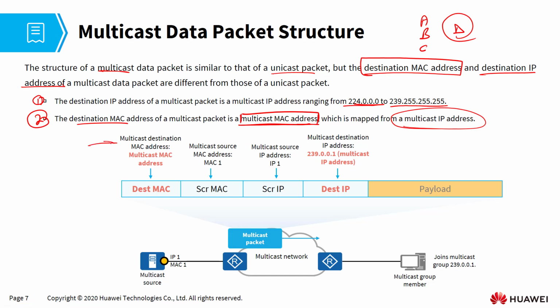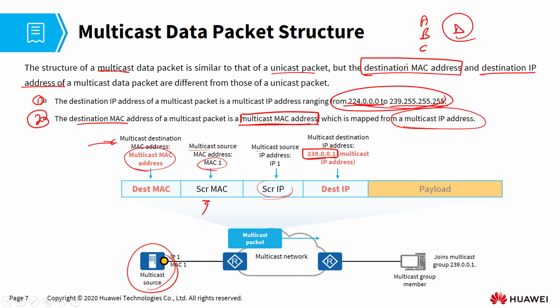So the multicast destination MAC address is a multicast MAC address in the Ethernet frame header. The multicast source MAC address is a unicast MAC address, which belongs to whoever the multicast source is. The multicast source IP address is a unicast IP address, but the destination IP address is a multicast IP address in the range of the multicast addresses or Class D addresses.